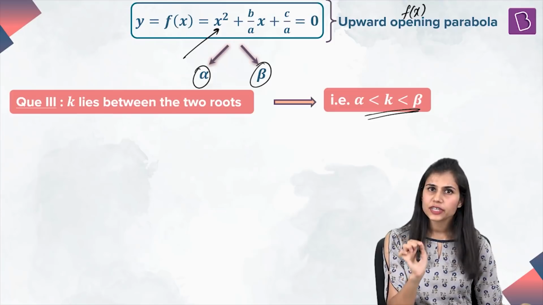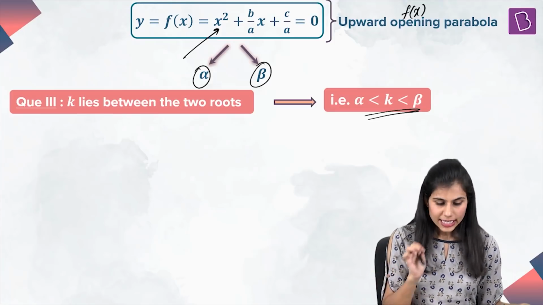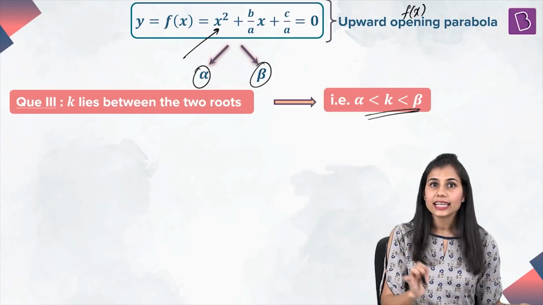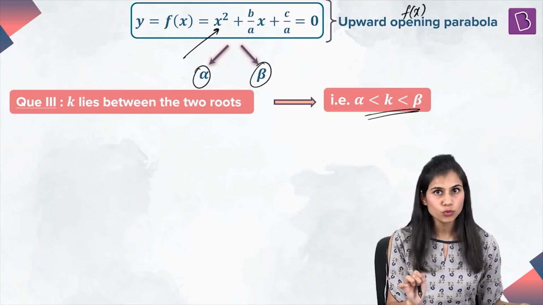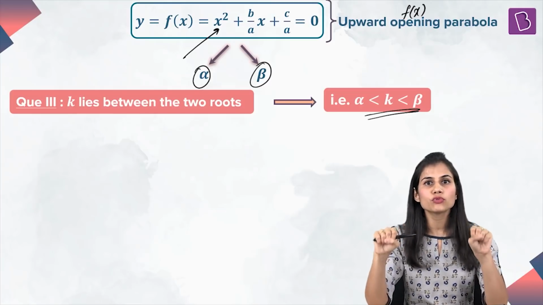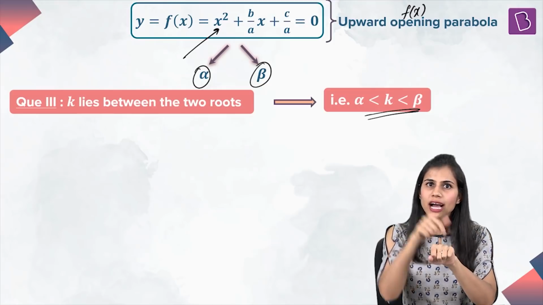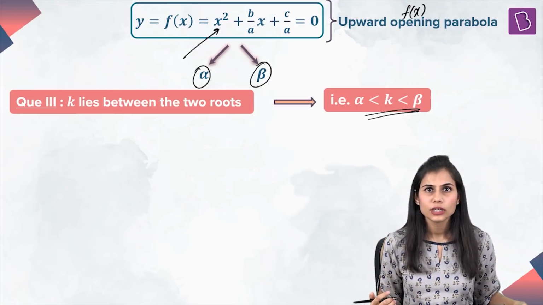Now understand the first thing before we move on to the diagrams, the figures, the situations. The question says k lies between the two roots. Now, k can lie between two roots only when the two roots are real and distinct. Do you agree? If both roots are equal, how can k lie between them? Right?